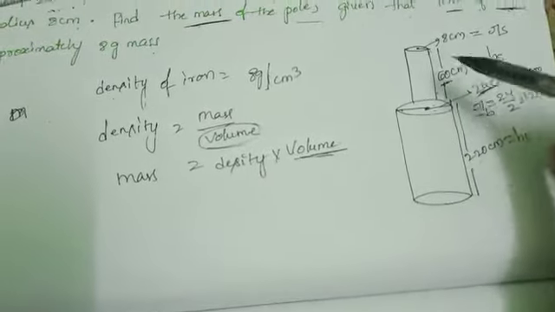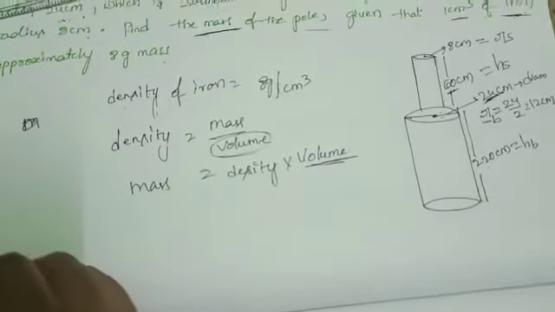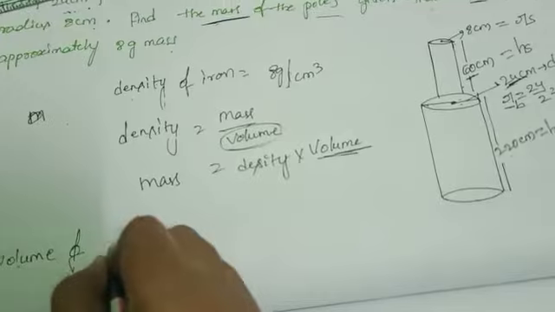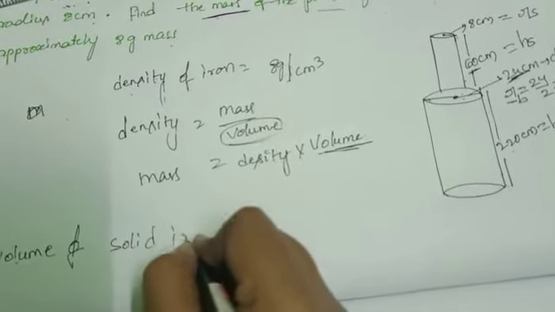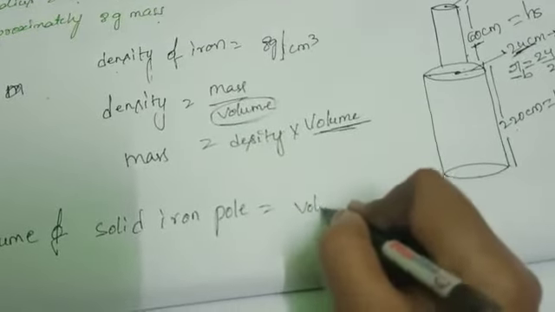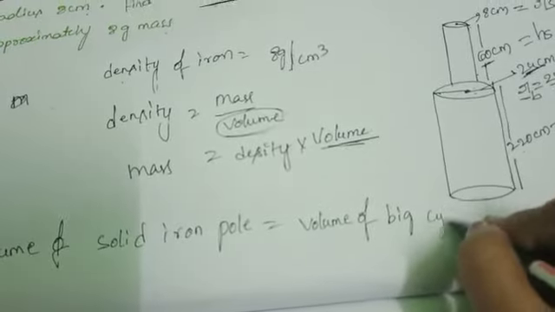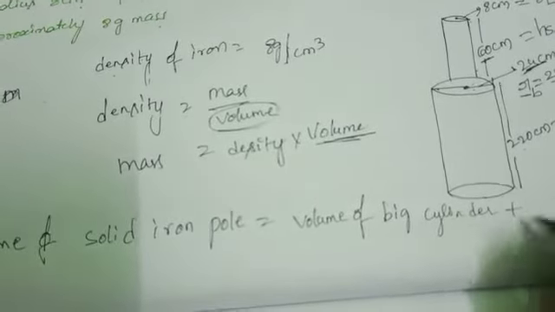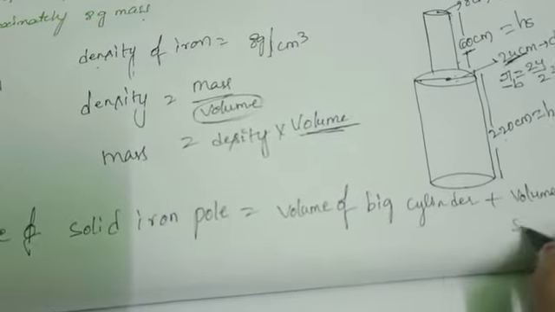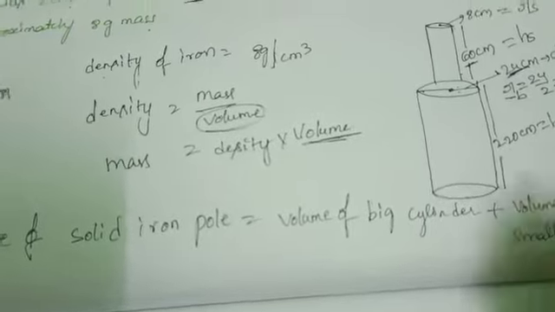So volume of solid iron pole equals volume of big cylinder plus volume of small cylinder. What is the formula for volume of cylinder?